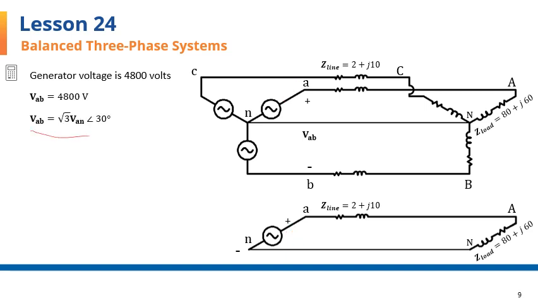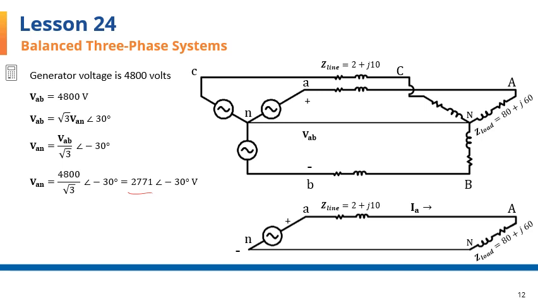From this, VAN is calculated as VAB over square root of 3 with negative 30 degrees of phase angle. Substituting 4800 for VAB, we'll have VAN equals 4800 over square root of 3 with negative 30 degrees, which comes to 2771 volts with negative 30 degrees phase angle.